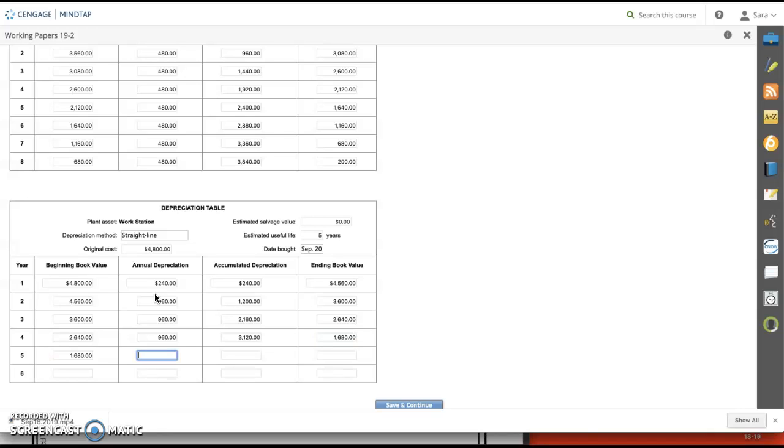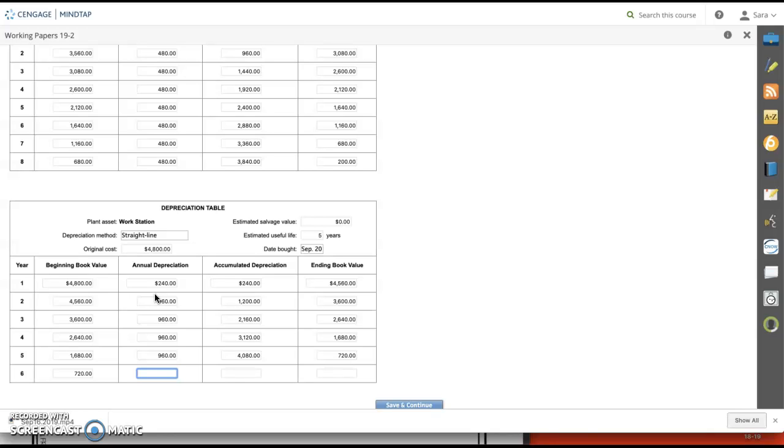That's also our beginning. And then our accumulated will be 4,080. $720.